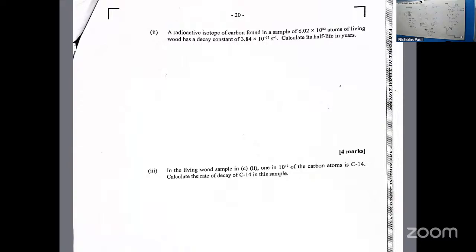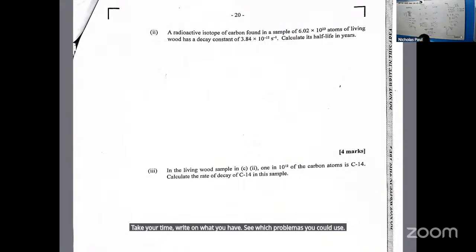No book, eh? Take your time, write what you have, see which formulas you could use. These questions aren't difficult at all. We do one more and then we start electrostatics.